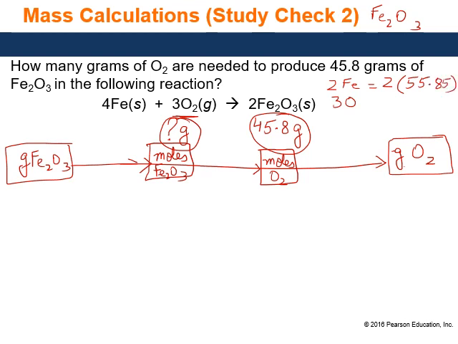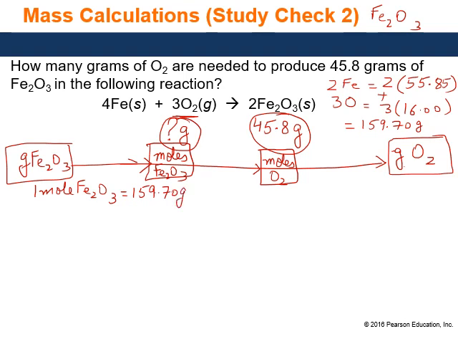Because I have 2, I double it. Plus 3 oxygen, 3 times 16.00. When you solve for this, it will give you a molar mass of 159.70 grams, which means my first relationship is 1 mole of Fe2O3 is 159.70 grams.